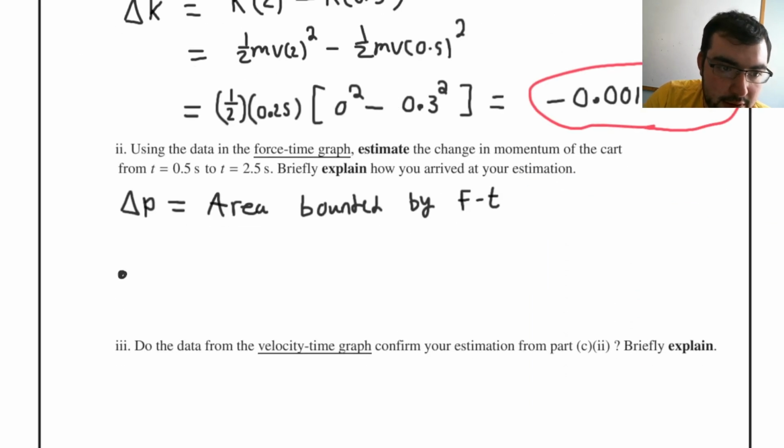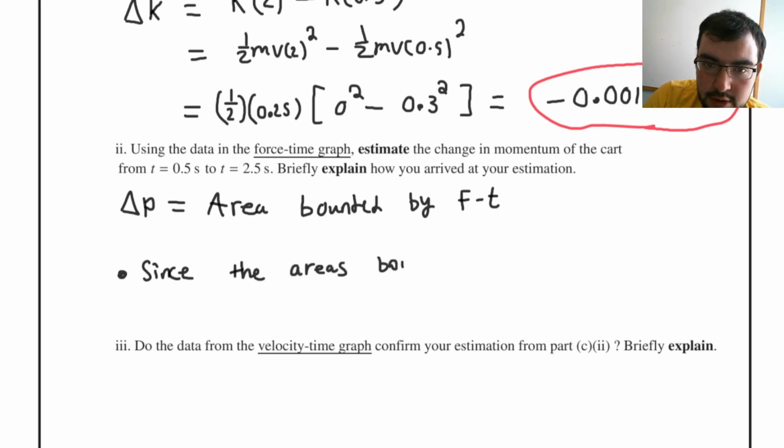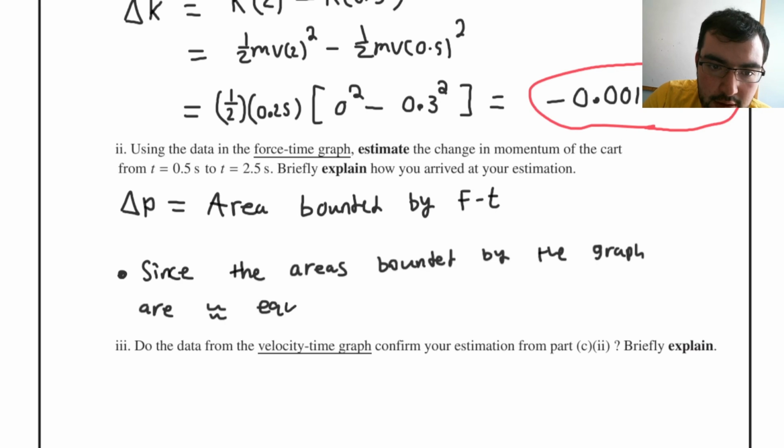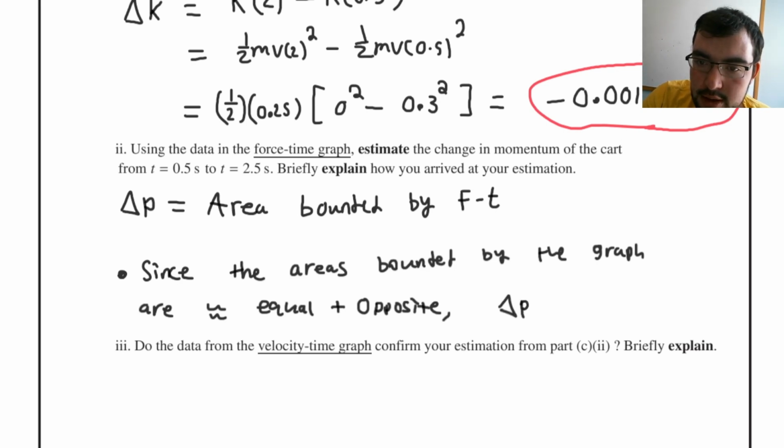So, since the area bounded by the graph are approximately equal and opposite, delta P is roughly equal to 0.